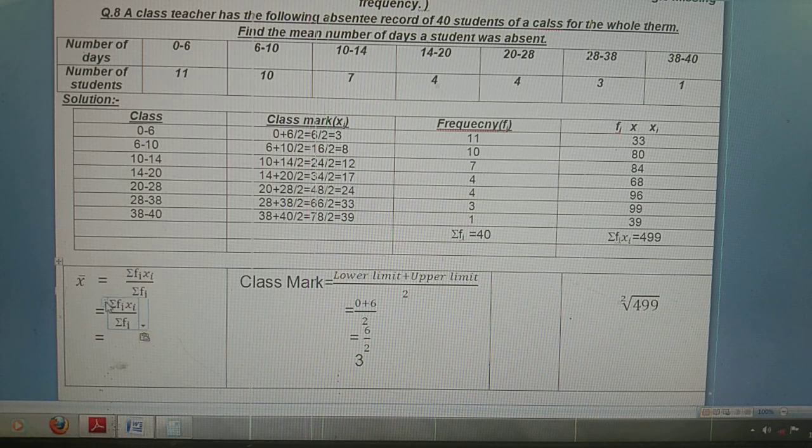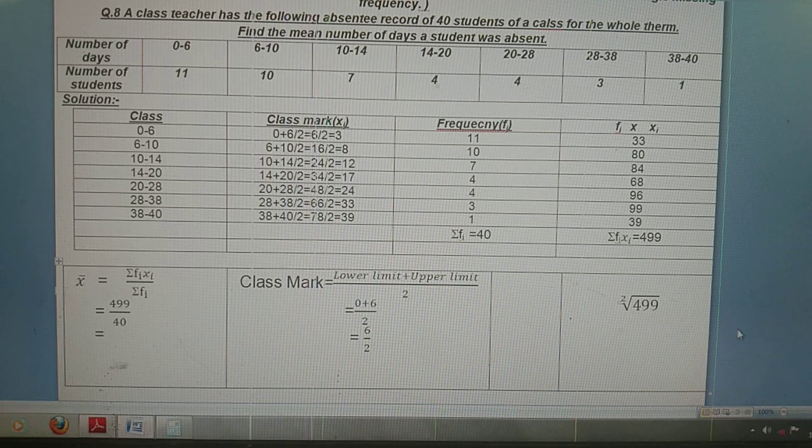Here we have sigma fi xi, 499, upon sigma fi, which is 40. Simple. By dividing 499 by 40 you will get the answer.